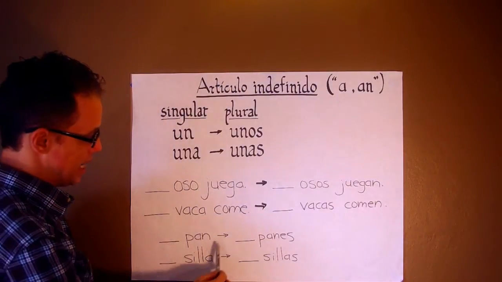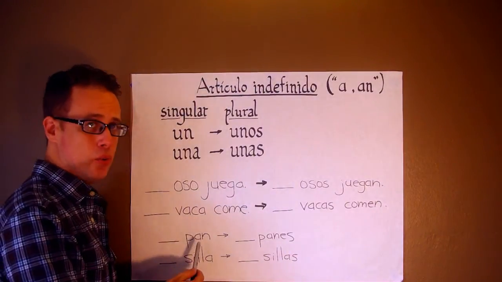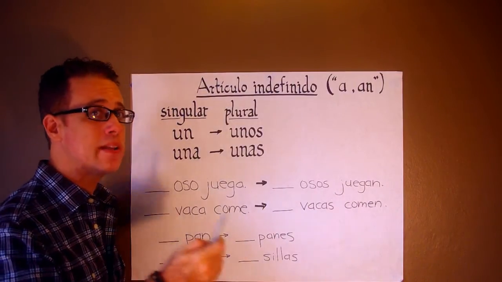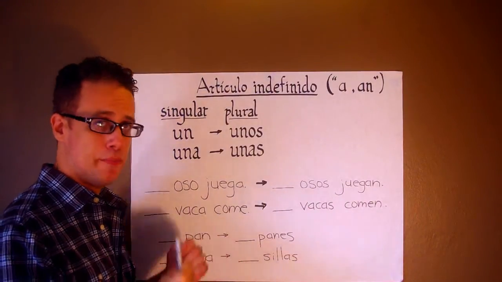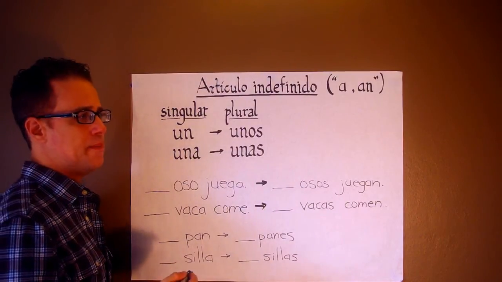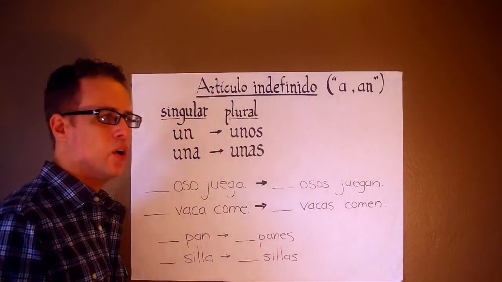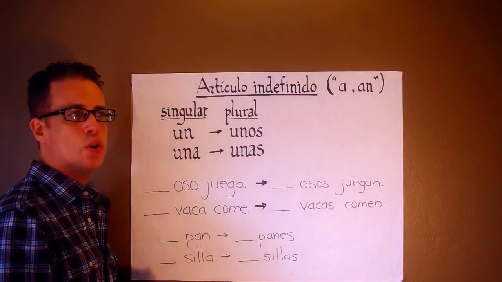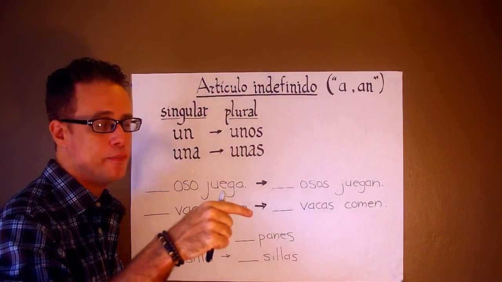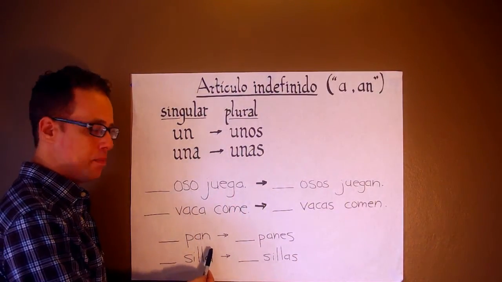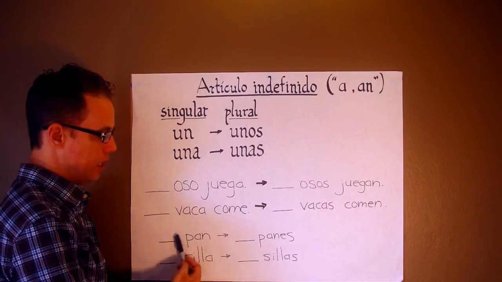Let's see with pan. Pan, remember, bread. You don't know which bread or which loaf of bread I'm talking about. So you say, let's have some bread, or bring me some bread, bring me a loaf of bread. You don't say the loaf of bread. So the same in Spanish. Un pan, because this is a singular masculine noun.